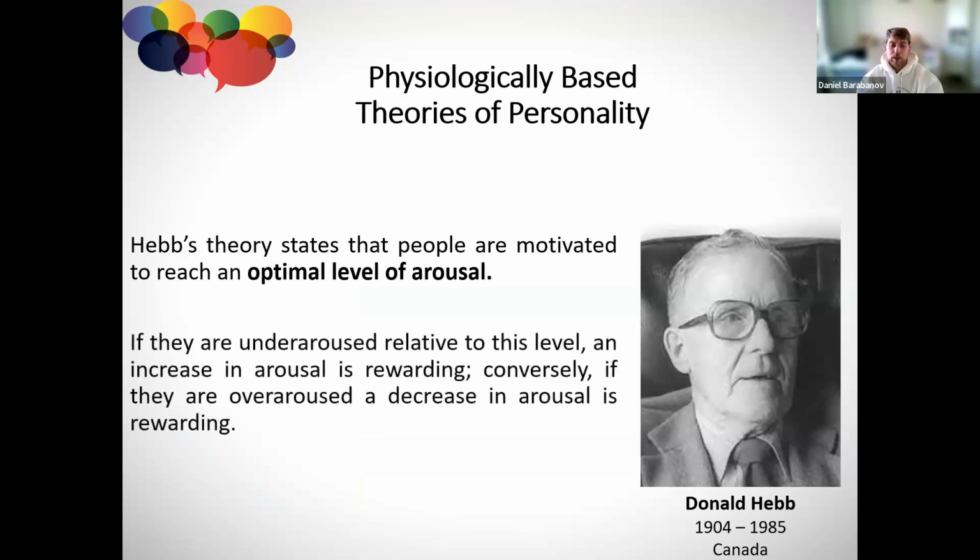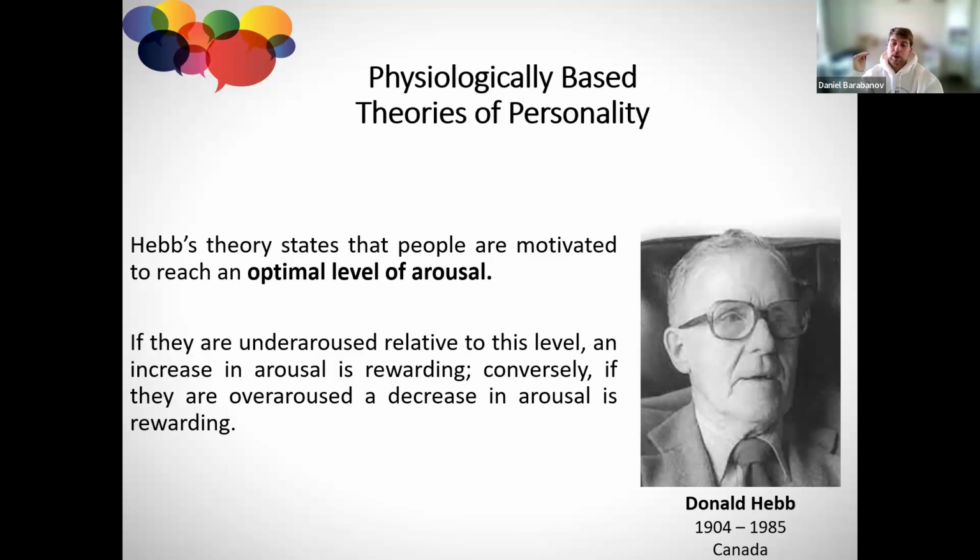So the idea was the following. If you're kind of under-aroused, your activation level is too low, you seek different types of activities which will increase your overall arousal, returning you back to this optimal level of arousal or motivation.